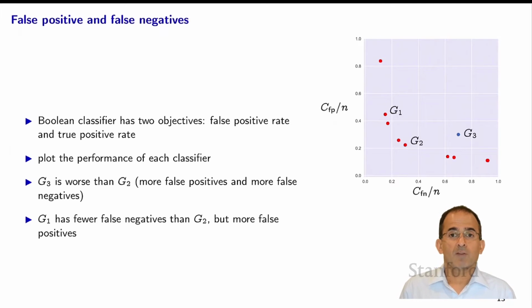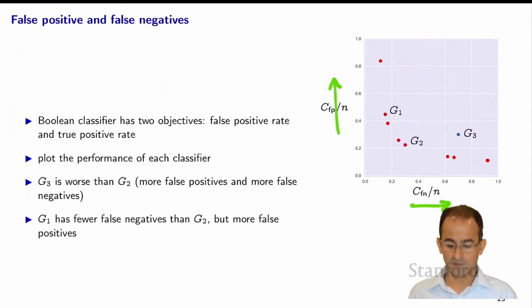And then you say, well, okay, I've got a classifier, and I can compute its false negative and false positive rate on the test set. And those are going to give me two numbers. And I can plot those two numbers on this plot right here. So on the horizontal axis here, I've got the false negative rate, and the vertical axis, I've got the false positive rate.